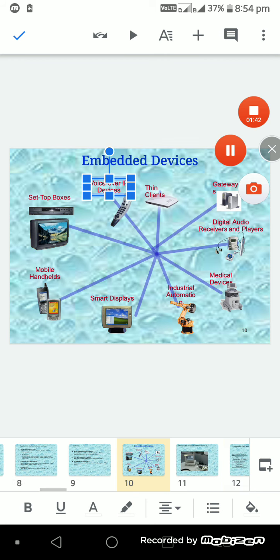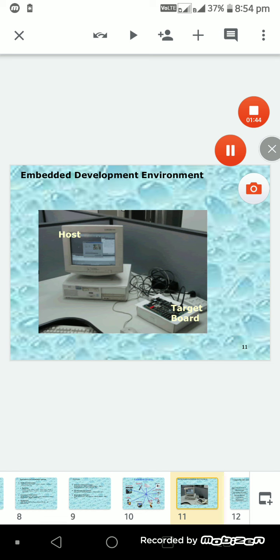Okay, next, this is the interfacing to embedded system environment. The first one is the target board and host. Target board means we are interfacing a number of ICs and designing a single chip.